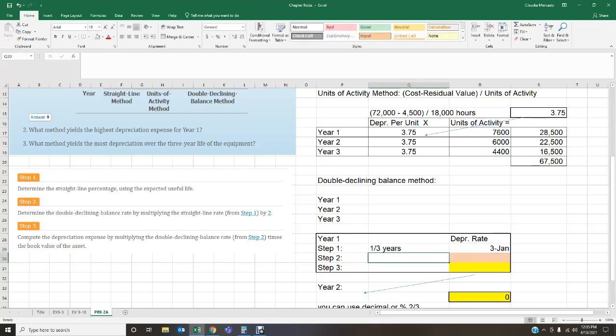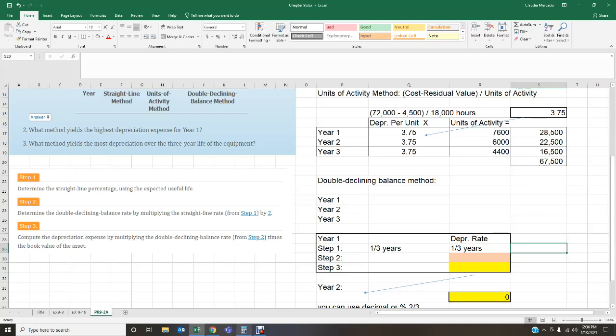Now you can use actual numbers. I like to use fractions when I'm using calculators, okay? So what we're doing here is, if I were to depreciate my asset using the straight line method, I would depreciate it equally every 3 years. So we're going to depreciate it into 3 parts, basically.